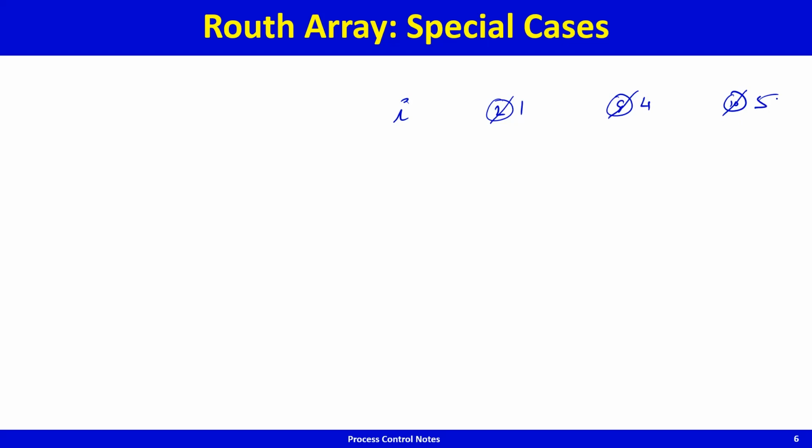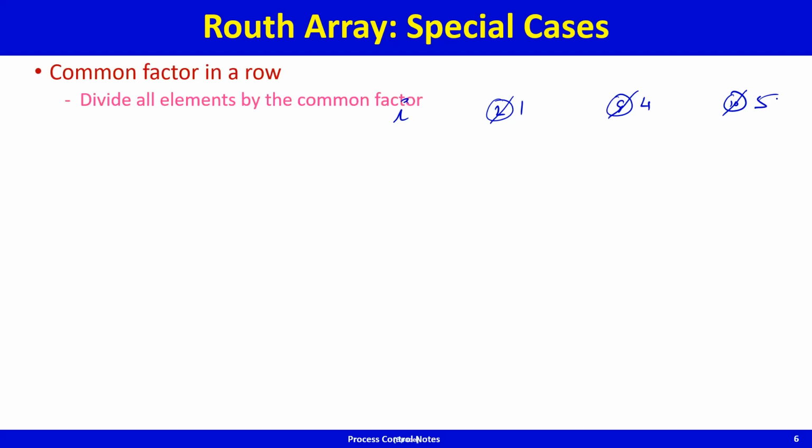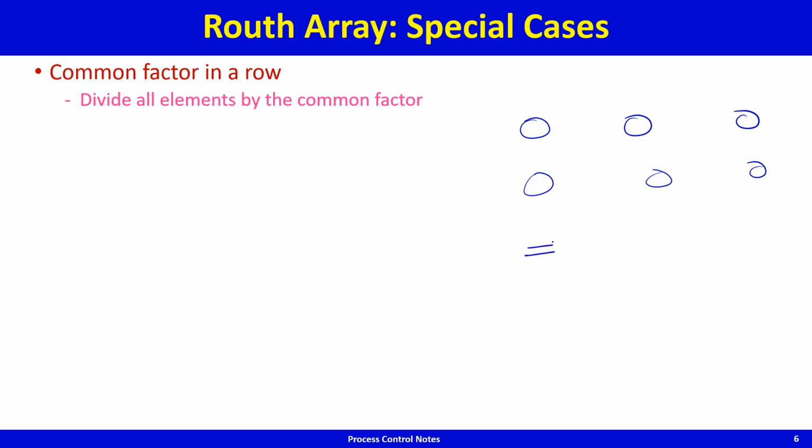So that's number 1. Number 2, sometimes what happens is, as you are preparing the Routh array, you're filling up elements, and somehow the first element of a row turns out to be 0. Now 0 multiplied by this guy minus this multiplied by that guy divided by 0, that's going to create a problem here.